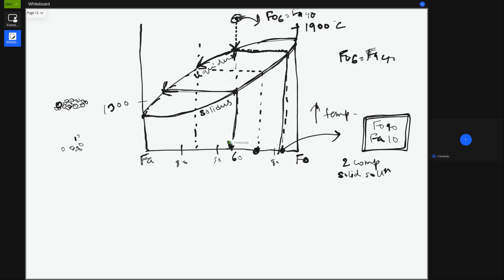So this is the basic idea of how a solid solution curve works: an example of a two component solid solution in the olivine system using Forsterite and Fayalite. I hope you understand. Thank you.